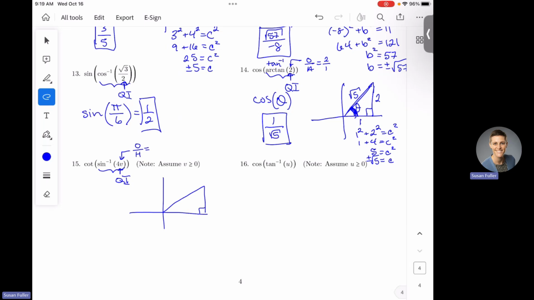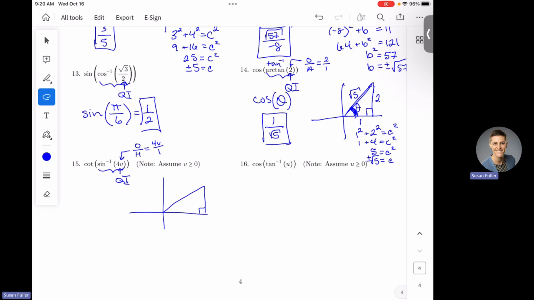And again, we're going to write this as a fraction so that we can process this a little bit better. 4V is the same as 4V over 1, right? Okay, so that's my opposite over hypotenuse ratio. Don't overthink it. Don't panic.